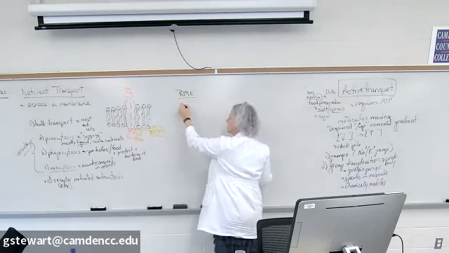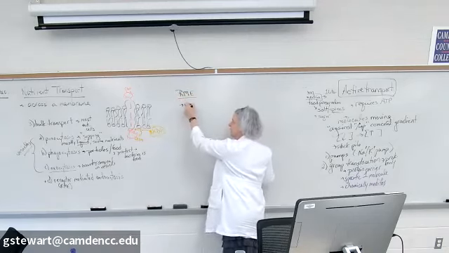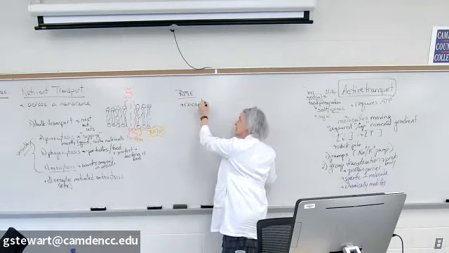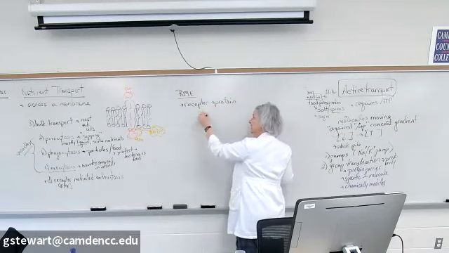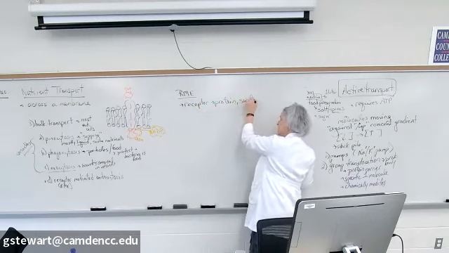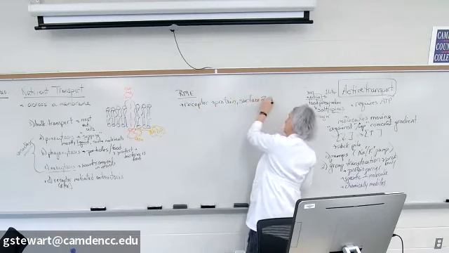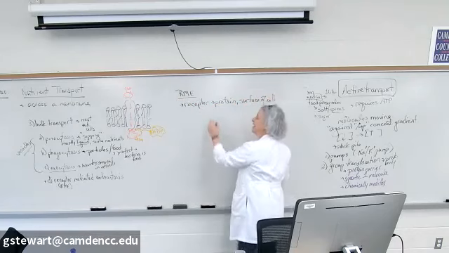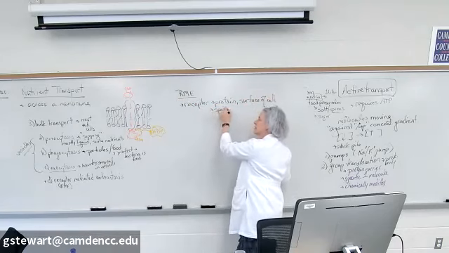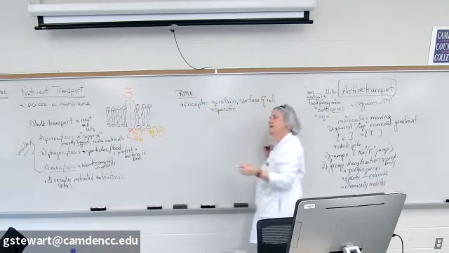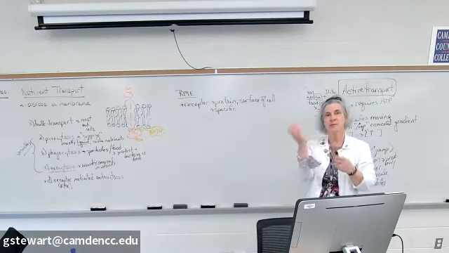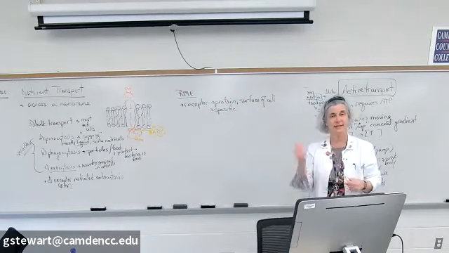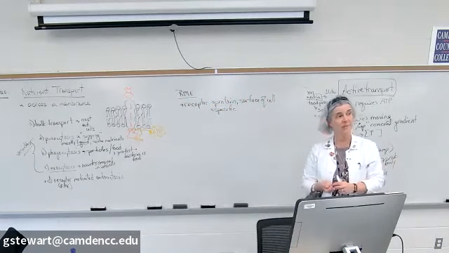So in receptor-mediated endocytosis, we have to have a receptor. The receptor is a protein. It's on the surface of the cell. It is specific. Not quite as specific as an enzyme, but it has a place where a particular thing binds. The thing that binds, we give that a name too.